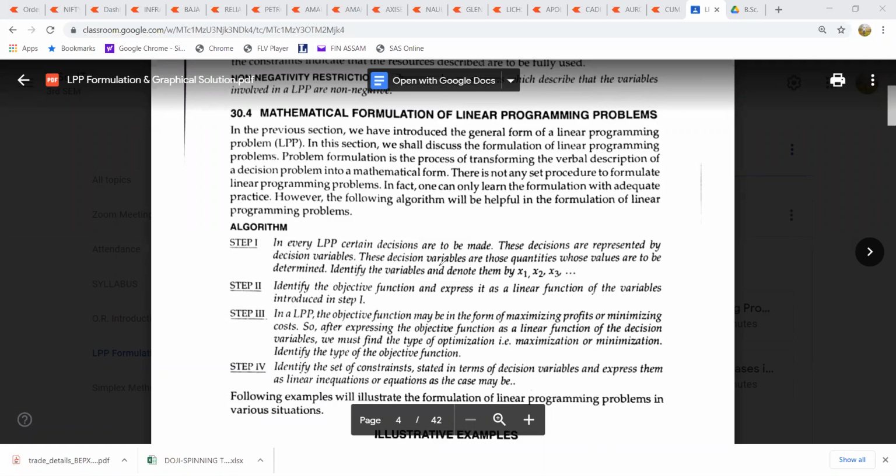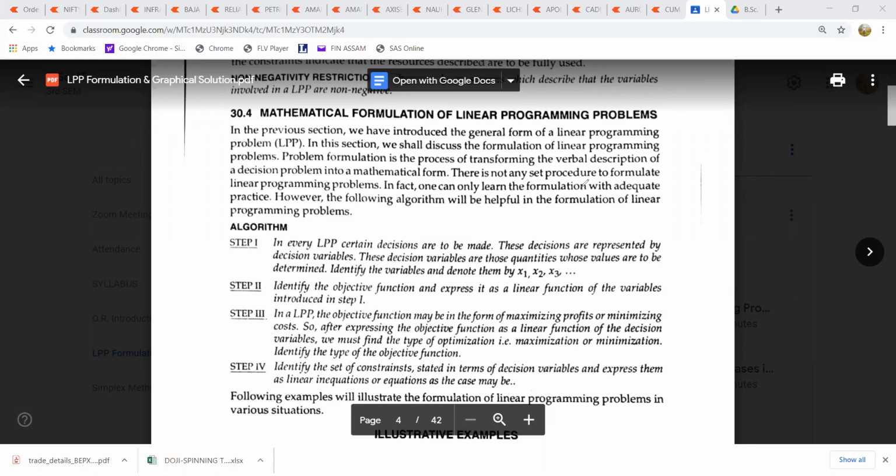Like in the last problem, the company is manufacturing chairs and tables using machine A and machine B. So we have chosen X and Y as variables, supposing the company is manufacturing X number of chairs and Y number of tables.